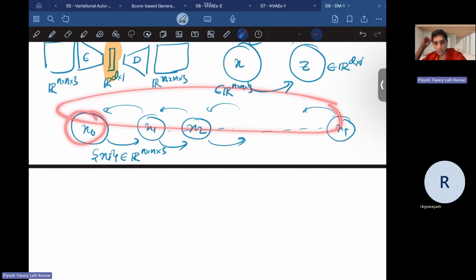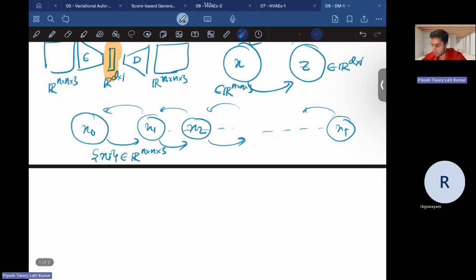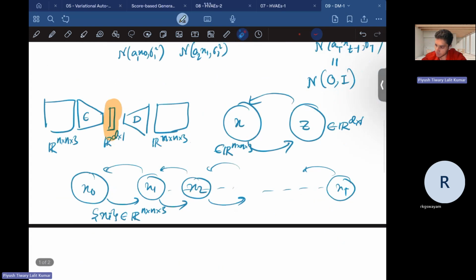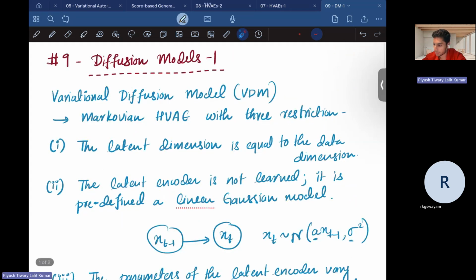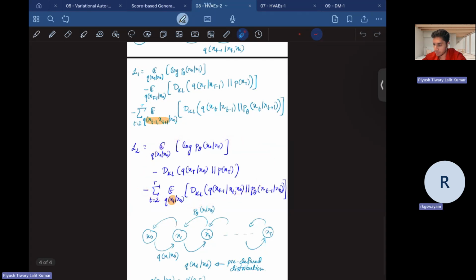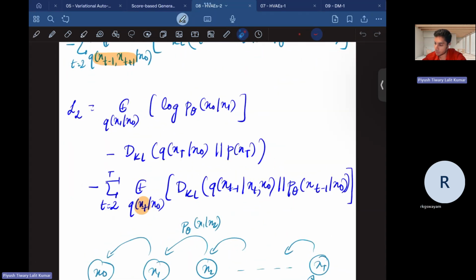There is no repetition involved here. See, your decoder eventually here will be some denoiser, some d theta. And you want to learn this theta using the loss objectives that we derived here, right? We just need to make sure that we are able to sample. For example, this last term here demands us to sample from q(xt given x naught), and then plug it into this equation and use this to backpropagate and learn theta.